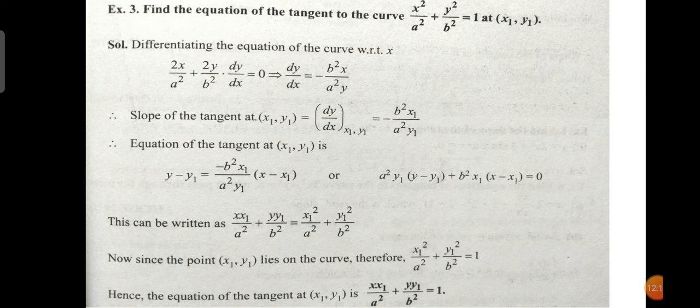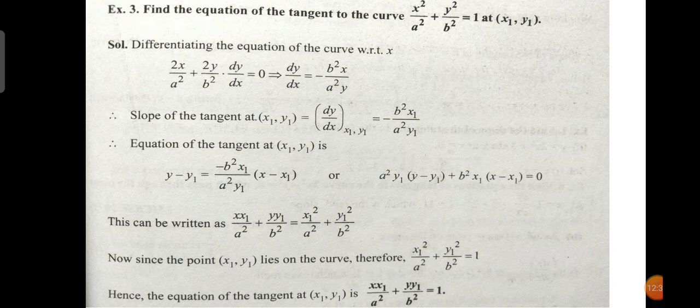And the slope of the tangent at x1, y1: the given point is x1, y1. So replace x by x1 and y by y1. So it gives dy by dx at x1, y1 is minus b square x1 by a square y1.